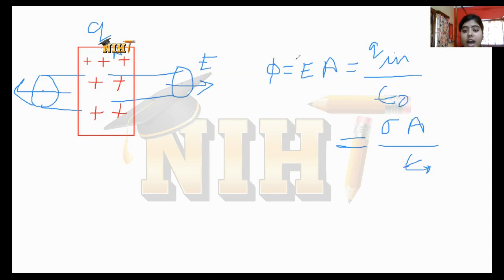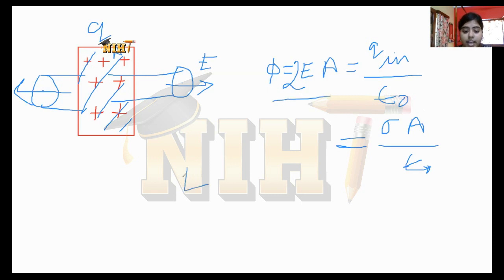Now here I will introduce a factor 2. Why? Because this plane sheet of charge has two surfaces. On the back there are charges, and on the front face also there are charges. That's why we have to introduce this factor 2 here.